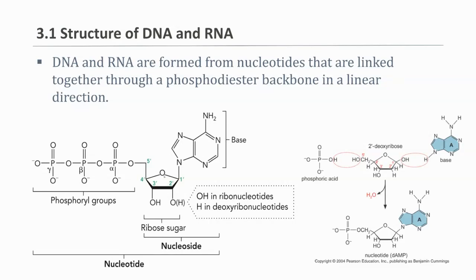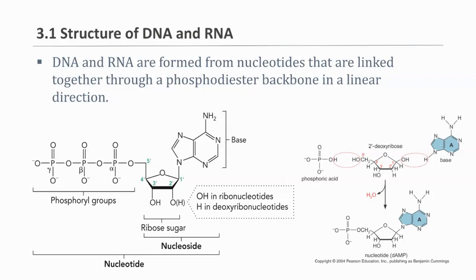All right, and then the nucleoside would be the sugar and the nitrogenous base, and then you add a phosphate group that becomes the nucleotide. These three components go through chemical reactions.